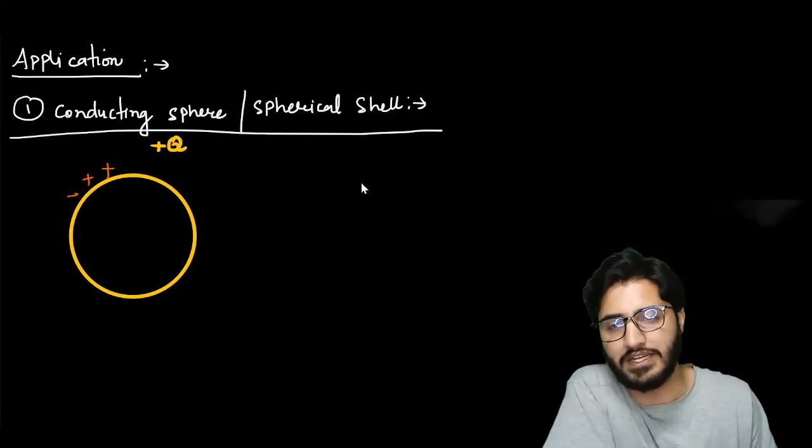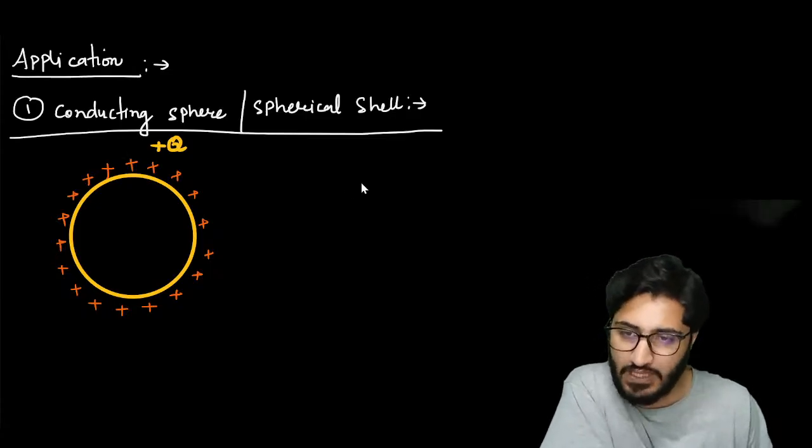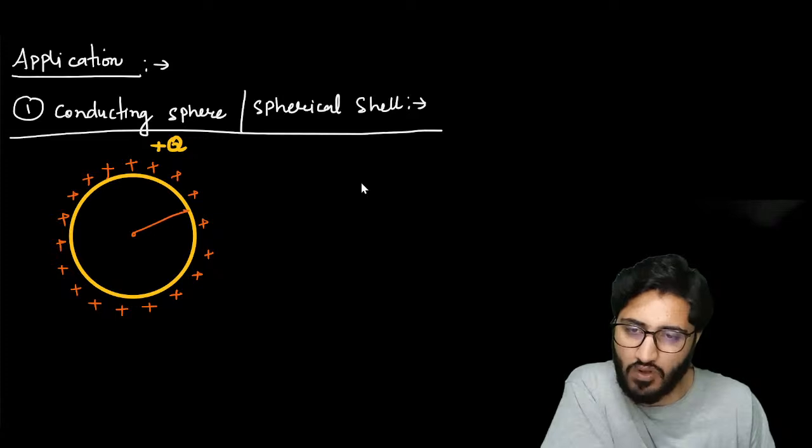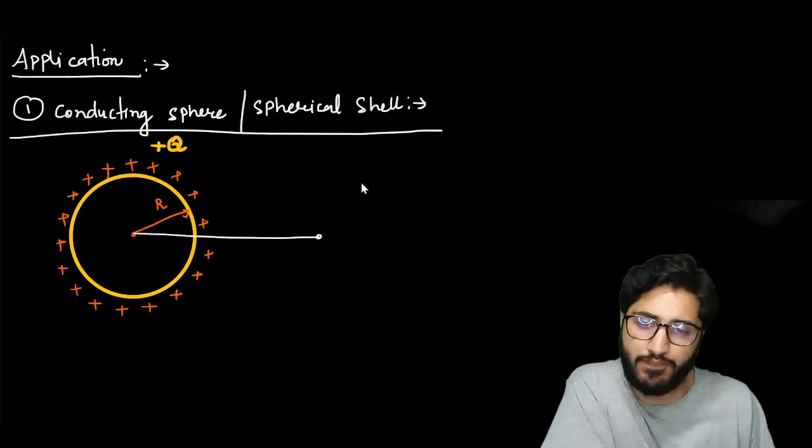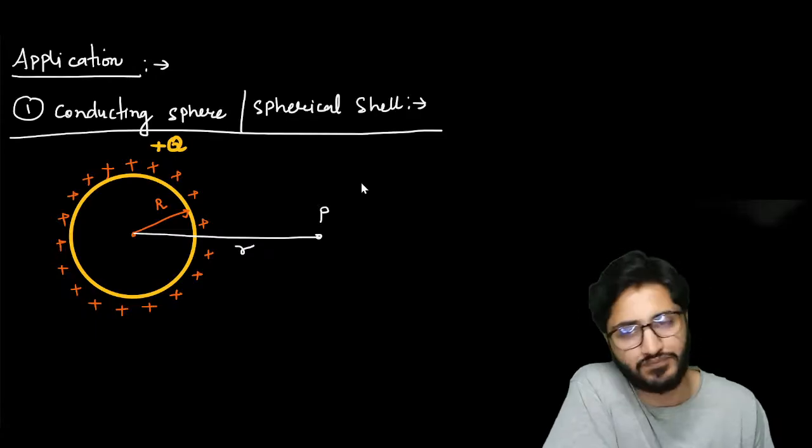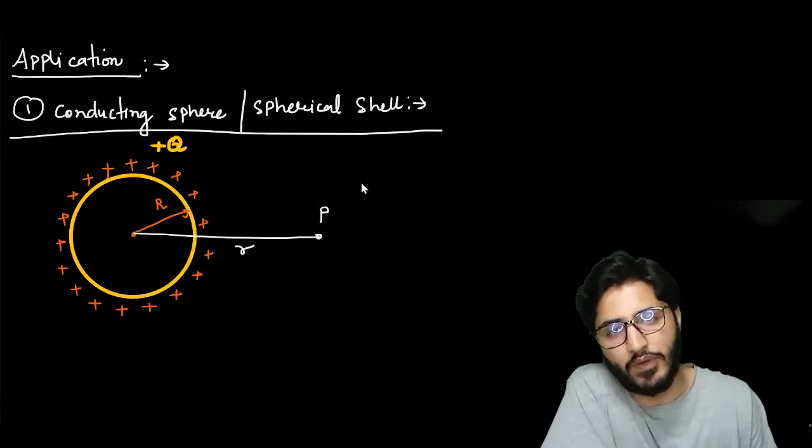It is conducting, so on a conductor my charge is always on the surface. If the radius of this conducting sphere is r, we take any point here, r distance apart, point P. Look, this is point number one.